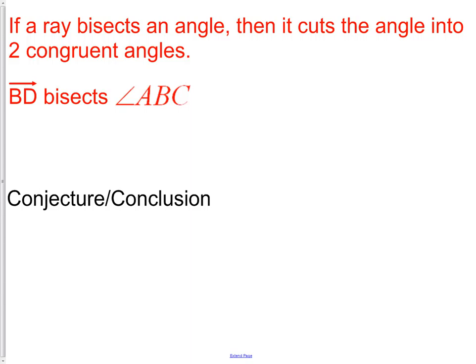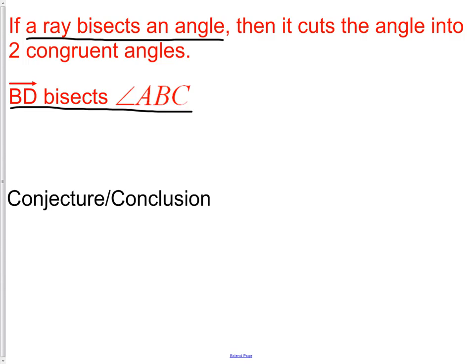The key to this is the hypothesis of the original statement was a ray bisects an angle. Is that what we were given in our example? BD bisects ABC? It is. So for that reason, we can say it is true.